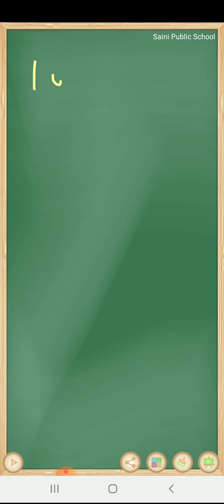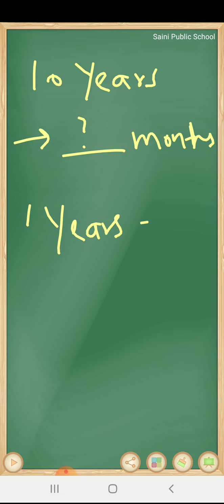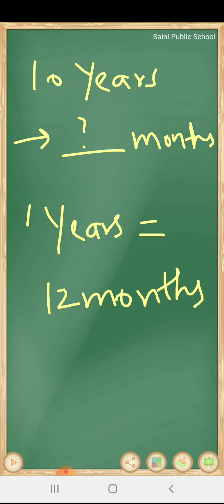Suppose there are 10 years. Then how many months are there in 10 years? Now 1 year is equal to 12 months. So 10 years is equal to 10 into 12.